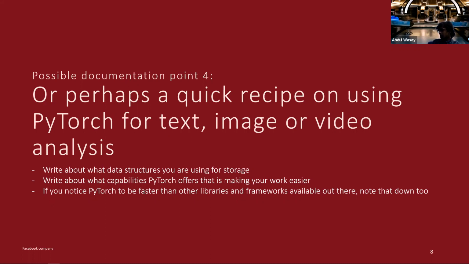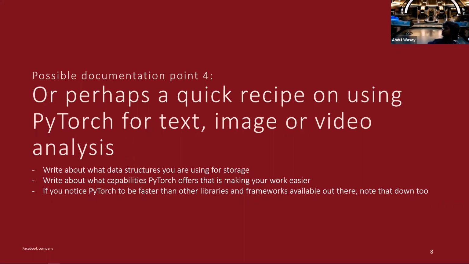Then you can talk about what PyTorch is offering you that is allowing your text analysis to become much easier. It's deep learning, so you're building a neural network. Okay. Now, if you're building a neural network, you can talk about what PyTorch is offering you that is making your work easier. A very good way to do this is to compare the performance of a neural network built using other libraries.